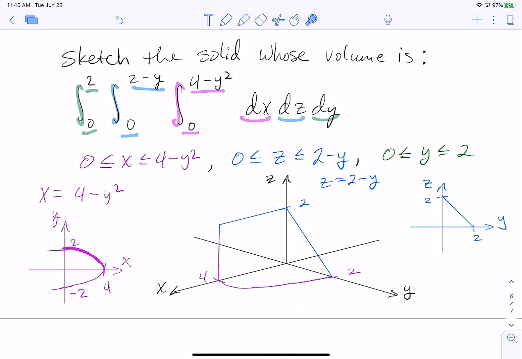Now, I didn't draw this edge of the plane here because we have this parabolic cylinder. So what's going to happen, envisioning what happens to a parabola when it gets sliced at an angle, is we have this kind of wedge thing. It's got a flat face on top and then a vertical curved edge where the parabolic cylinder exists. And folks, that is our solid.